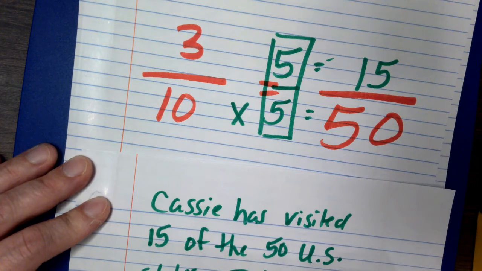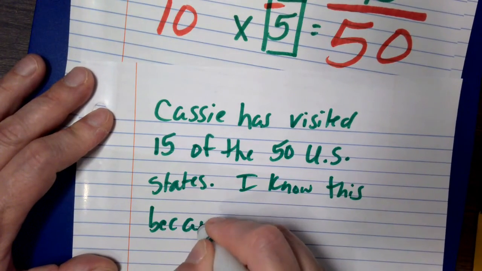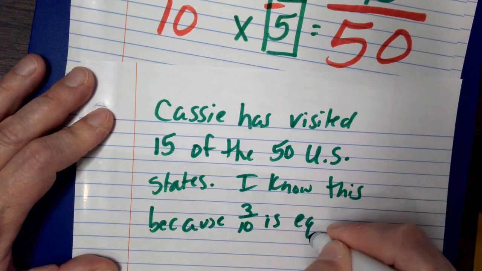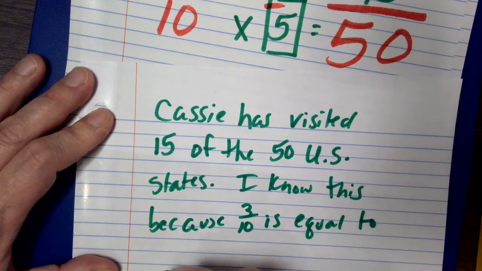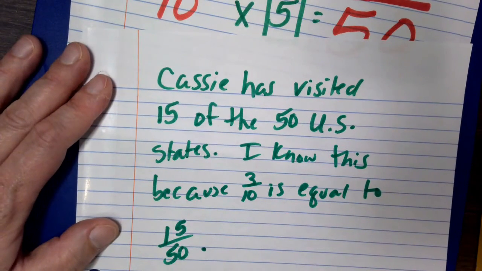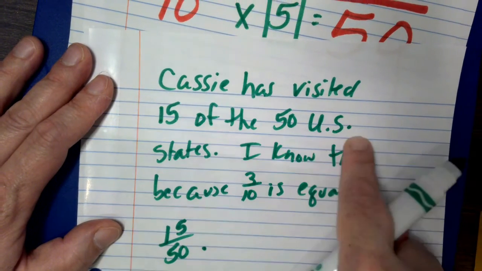I know this because 3/10 is equal to 15/50ths. And I'm pretty much good with that. So Cassie has visited 15 of the 50 US states.